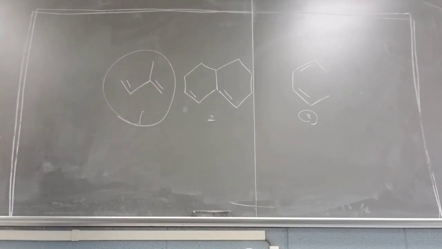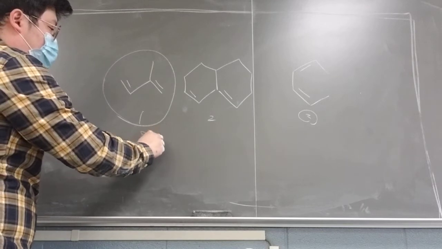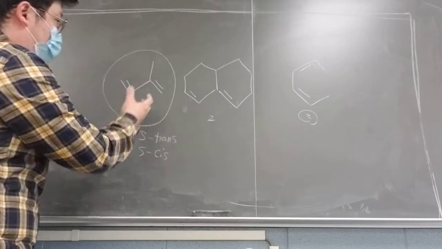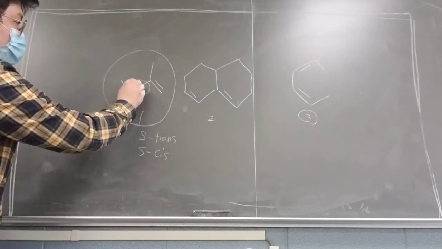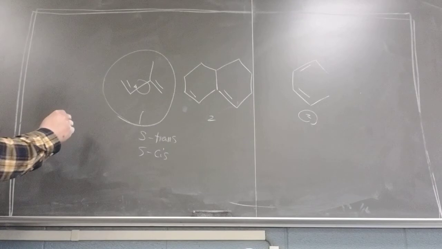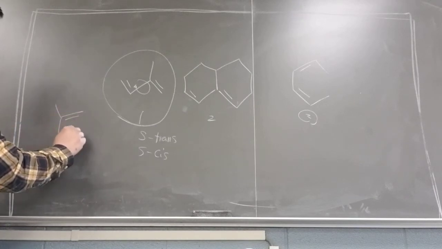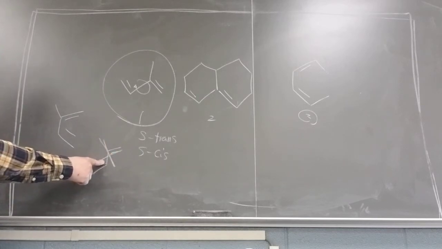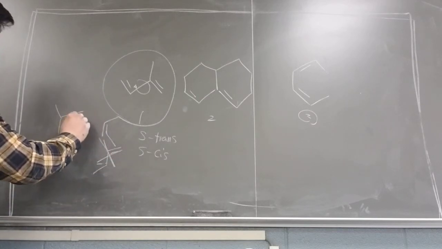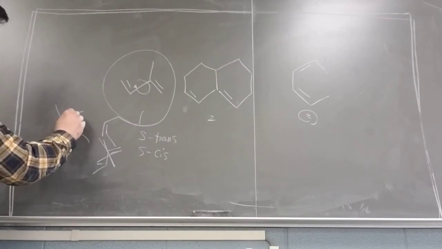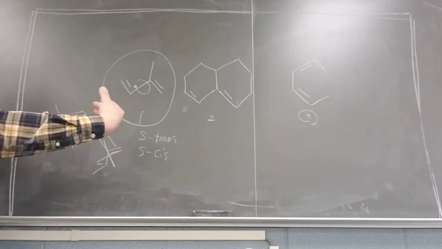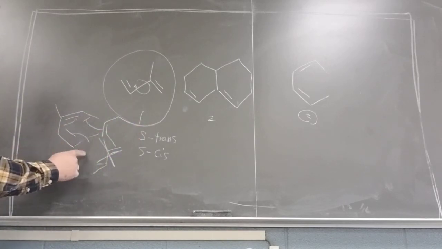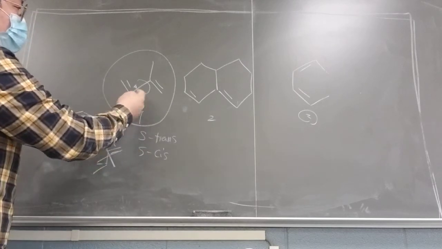With trans and cis, this diene should be able to rotate, so it can be in this form instead of this one. It has to be in the cis form, because the reaction needs this type of approach. By placing it as trans like this, you can actually rotate it.